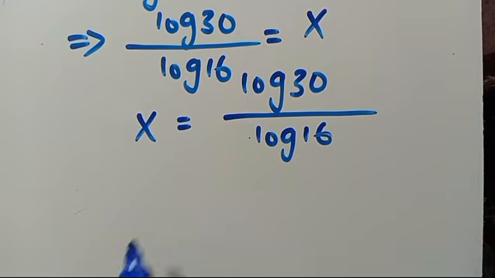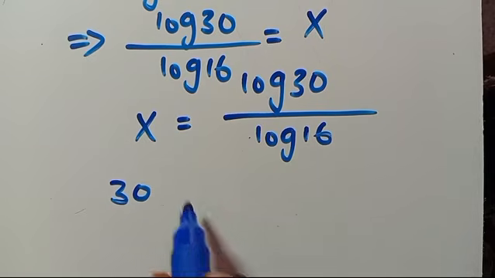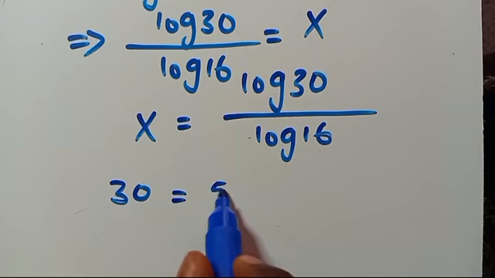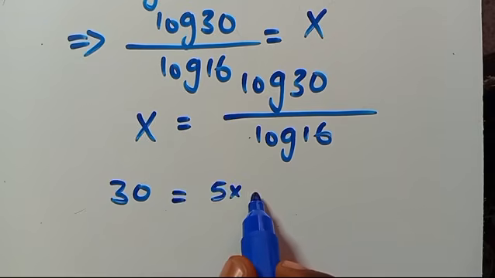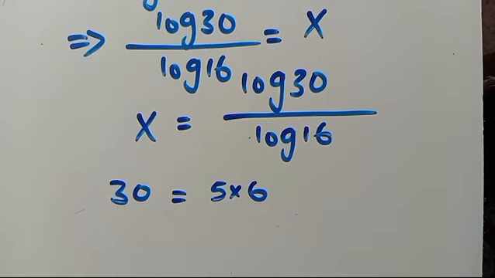Then mind you, from here we can have 30 as the product of 5 times 6.